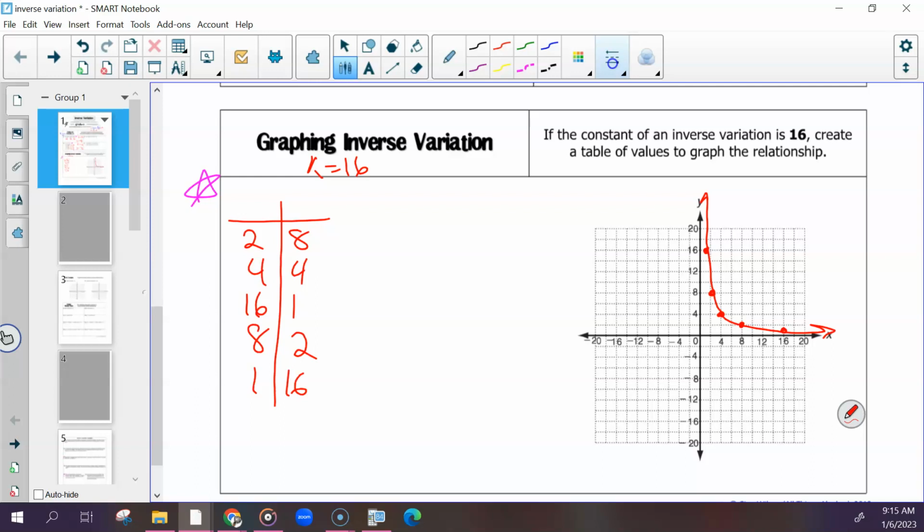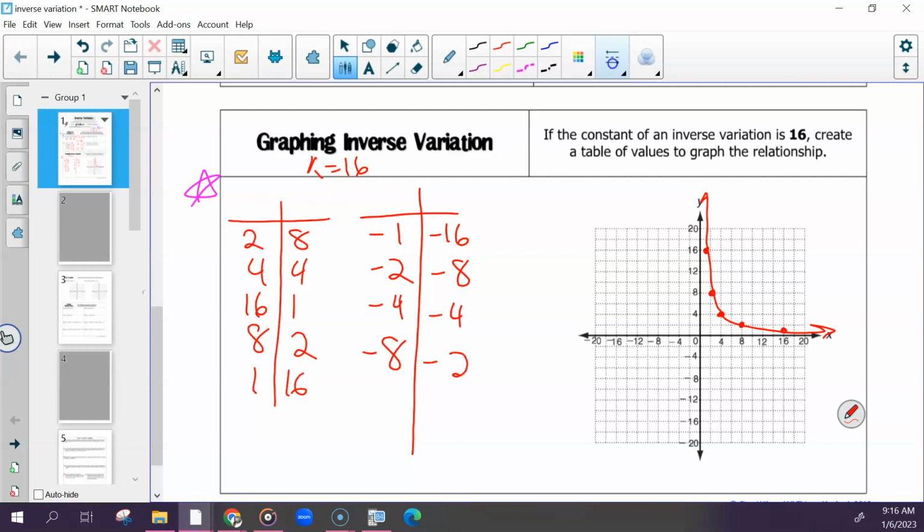But when we just listed out all these numbers, we were only focusing on positive numbers. A negative times a negative would also give us a positive, so we're going to find negatives as well. We're really just taking these same numbers and making them both negative, and plotting those points as well.